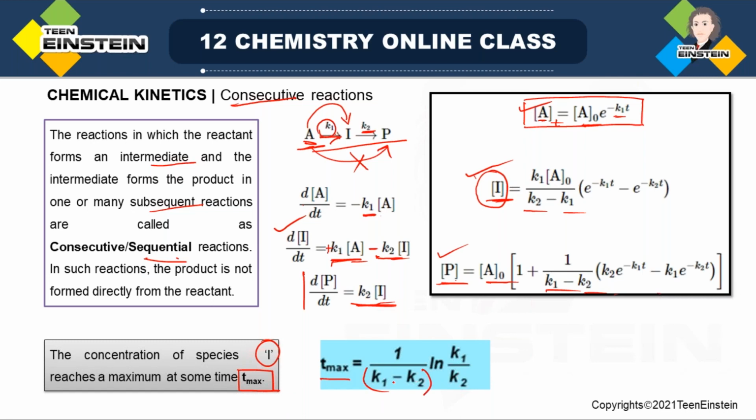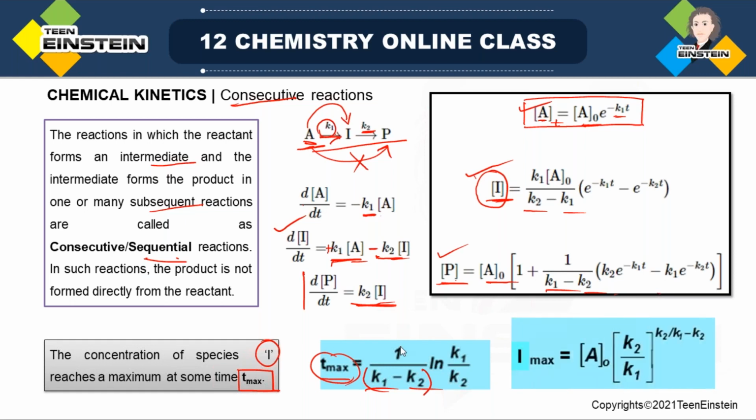How we are getting this? Details we are not discussing. Only the final expression is mentioned here, so that if these two values are given in a numerical, you can directly find the value of Tmax, when the concentration of intermediate is maximum, directly from this equation.